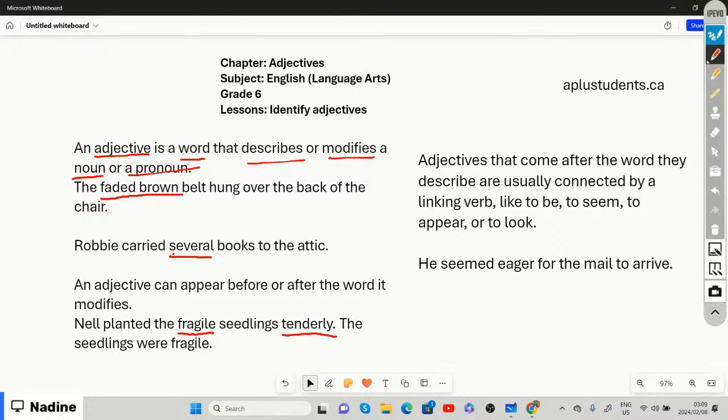For example, let's say you have an iPhone. Now if you want to describe the iPhone, we can say it is big and black, which means that your iPhone is big, but it's also black.